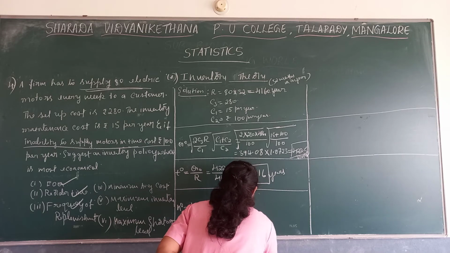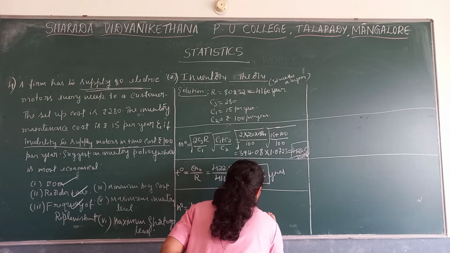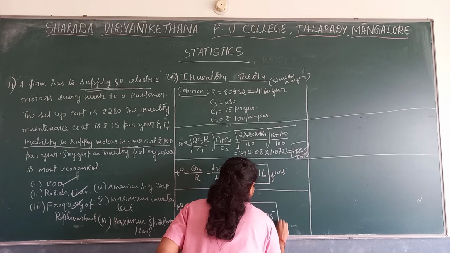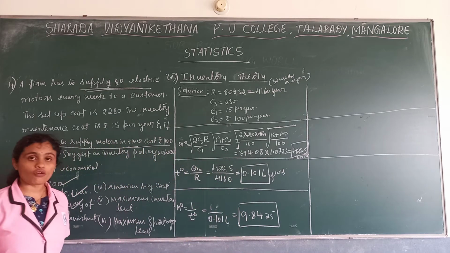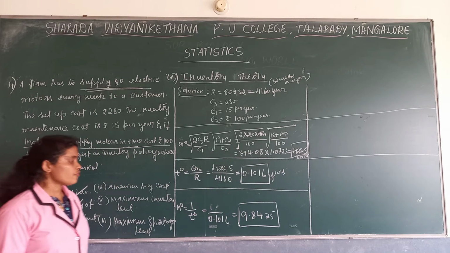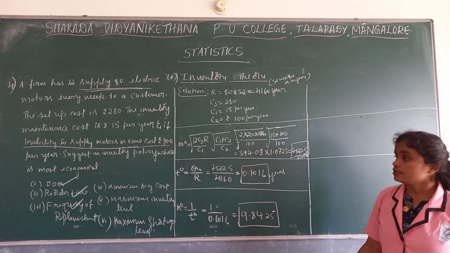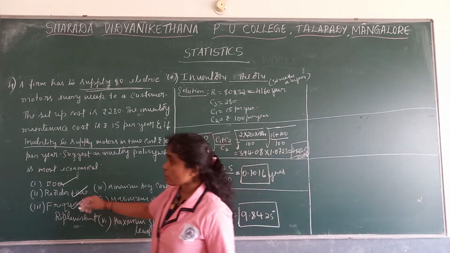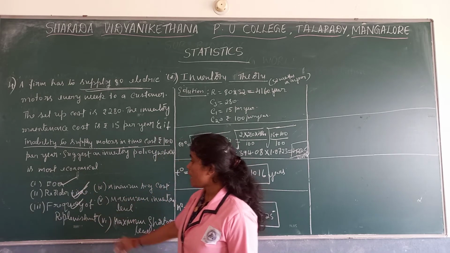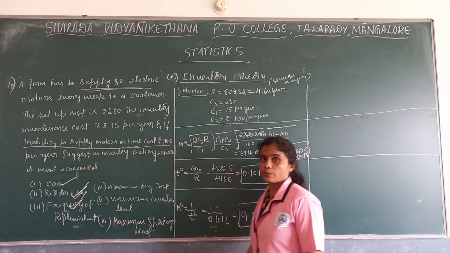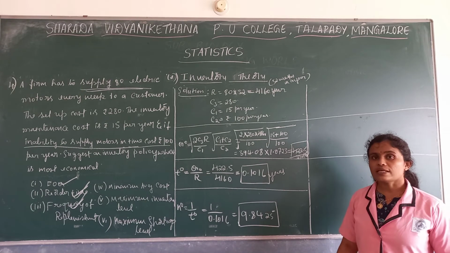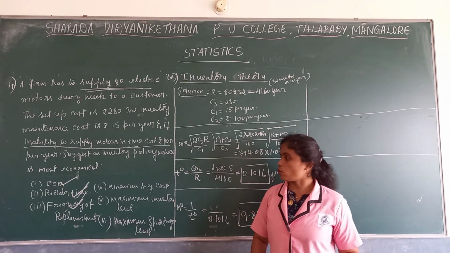So we get 9.8425. This is the frequency of replenishment. Again, the frequency of replenishment is also the same as model 1. Here reorder time as well as frequency of replenishment, these formulas are similar in model 1 as well as model 2.